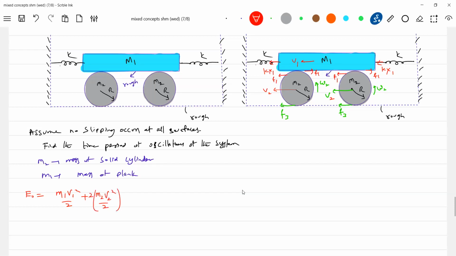Since there are two cylinders, then the rotational kinetic energy, 2 times I0 omega 2 square by 2, plus 2 springs, 2 into k x1 square.